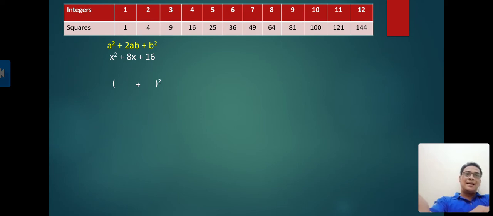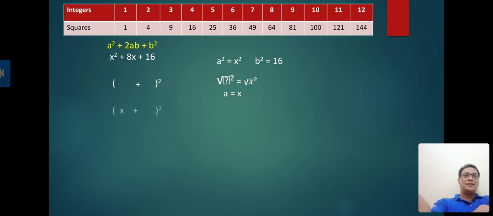Then get the square root of the first term and the third term. In this case, this is your first term, and that will be your third term. So a squared is x squared, so let me take the square root. The square root of a squared is a, and the square root of x squared is x.